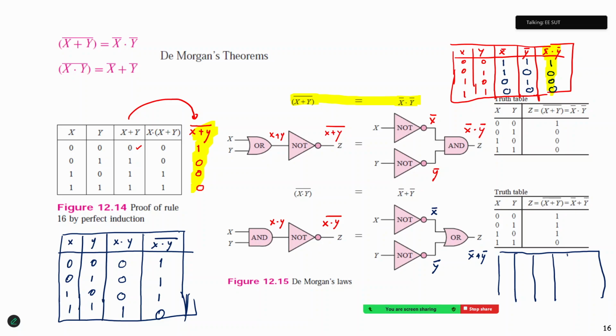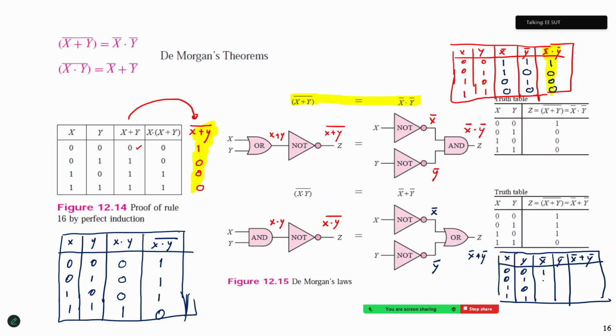X bar, y bar, maybe x, y, x bar, y bar and x bar plus y bar: 0, 0, 1, 1, 0, 1, 0, 1. X is 0, so x bar is 1.